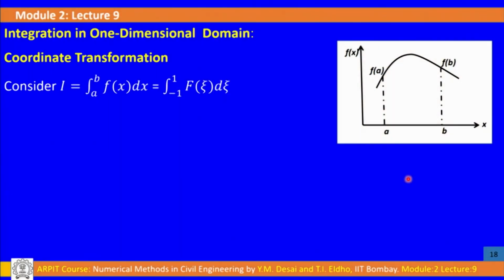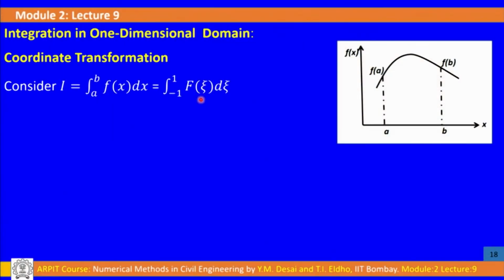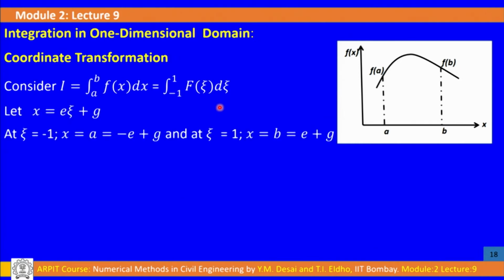In order to make the application of numerical methods more expeditious over a range of problems, what is done is we convert the physical space to an equivalent mathematical space using natural or intrinsic coordinates xi, for example, as shown here. And how is that done? By doing a coordinate transformation.